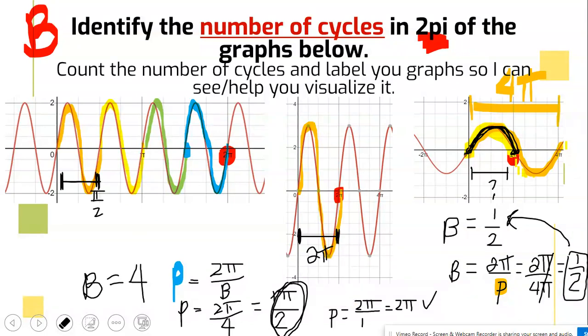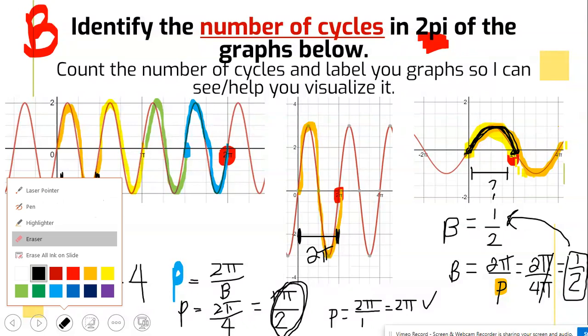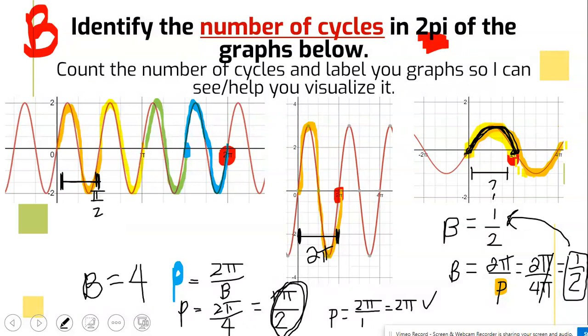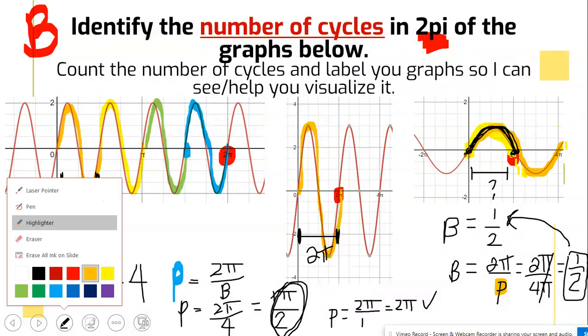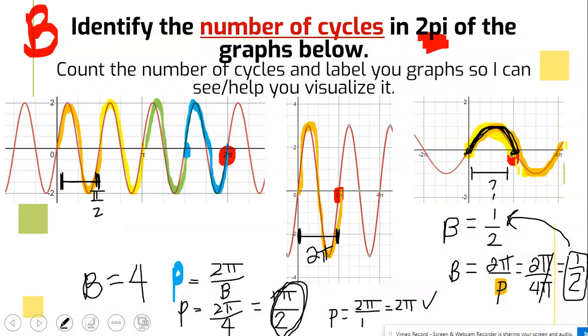One other thing that I want to add really quickly to each of these is what the equation would be if we're going to use A times sine of Bx. So I'm just going to do this really quickly, probably in this purple color. So this guy has an amplitude of 2.